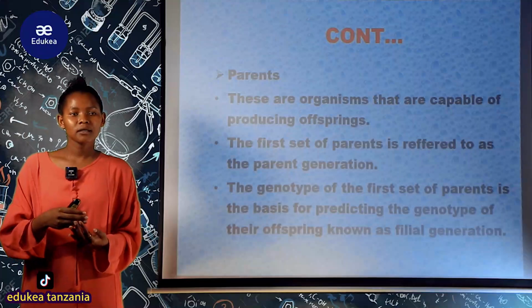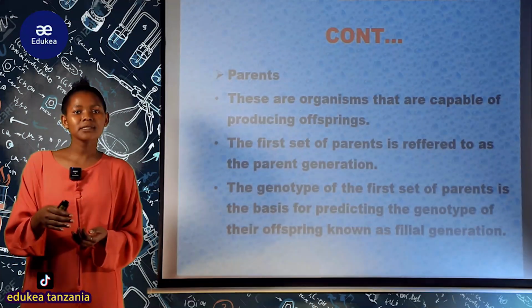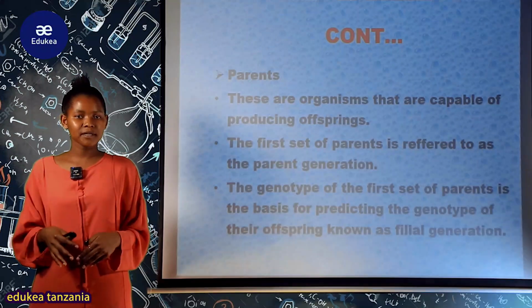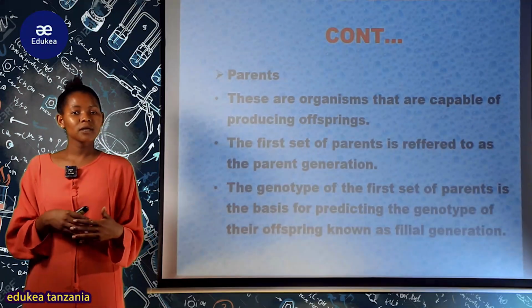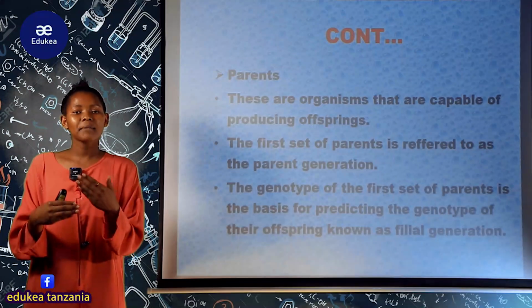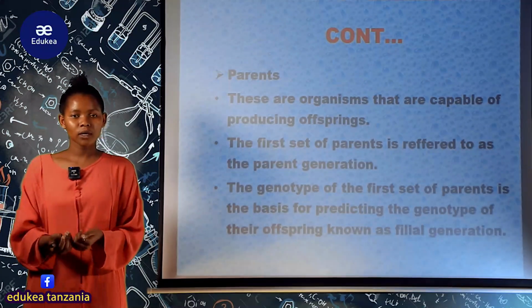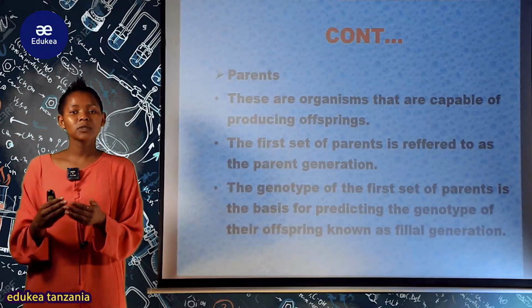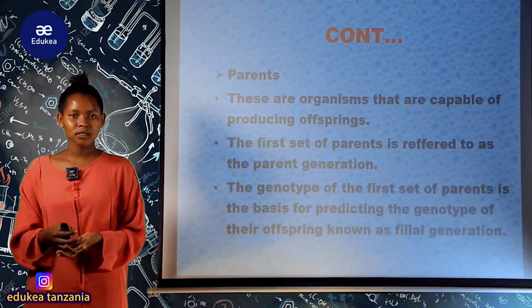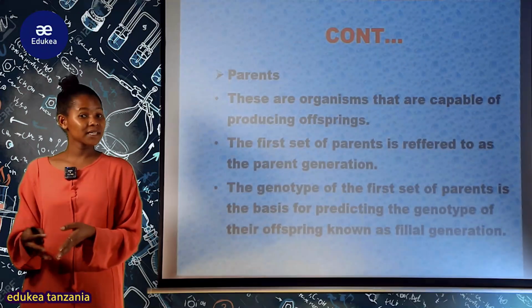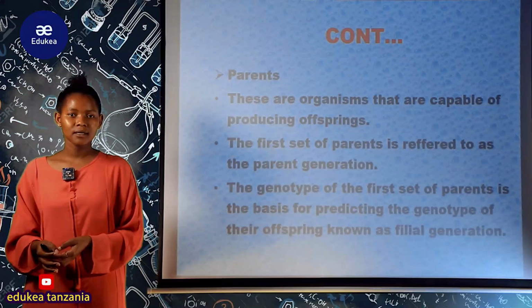Tunasema kwamba generation X imekuwa formed kwa parents fulani, na hawa parents wanadetermine genetic ama genotype ya offspring wao wanaokuja, na hii generation inayokuja kuwa formed tunaita ni filial generations. Na tutaenda kuangalia tutakuta kuna first filial, kuna second filial, third na kadhalika. Okay.